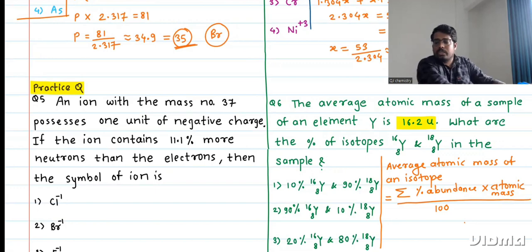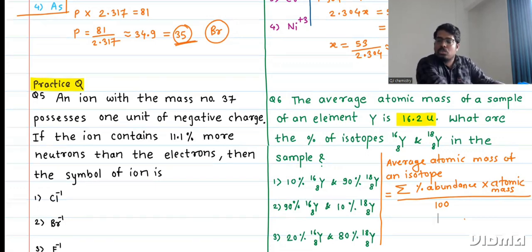We'll use this formula to calculate the average atomic mass.